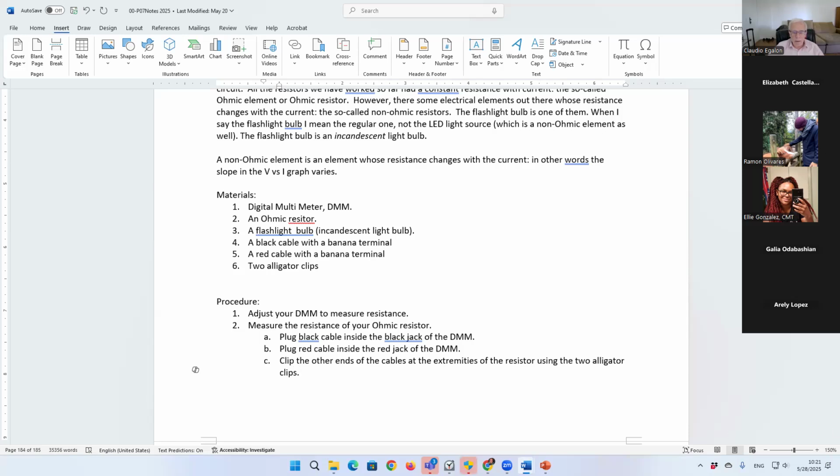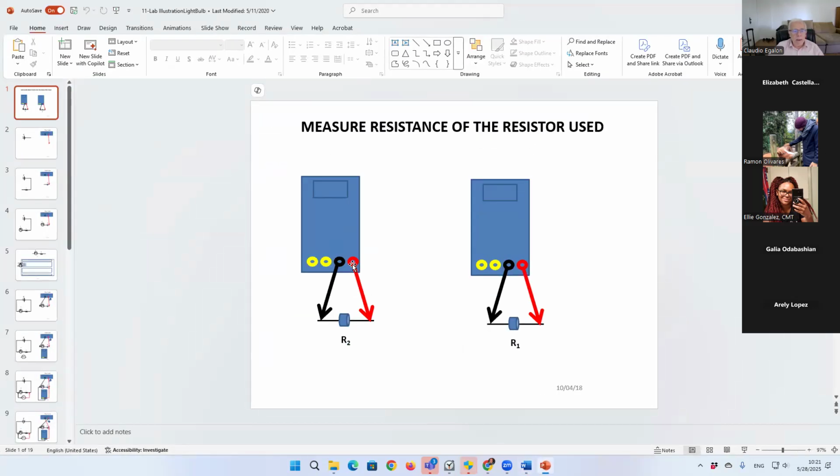So here you go. Plug here, and here at the other end we have the alligator clip that's clipped at the end of the resistor. This case should be just resistor R1. Okay.